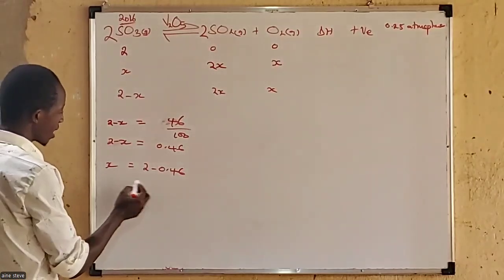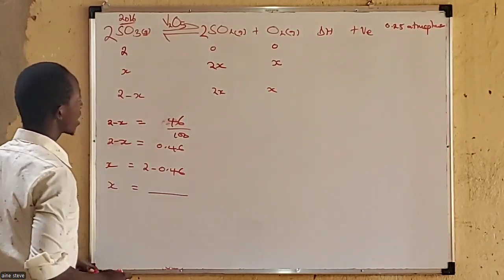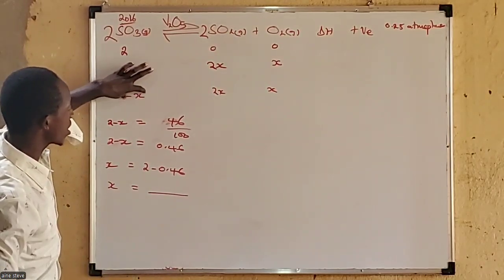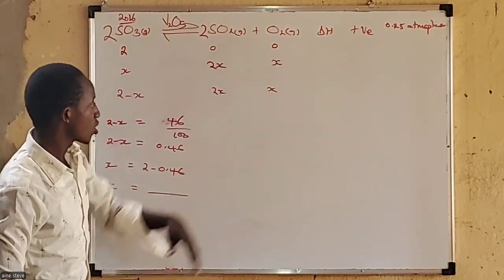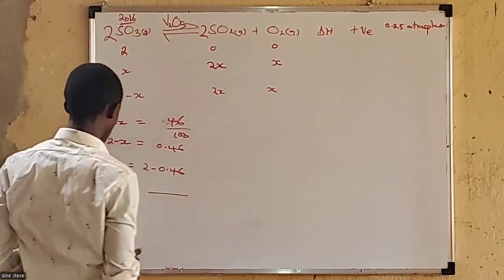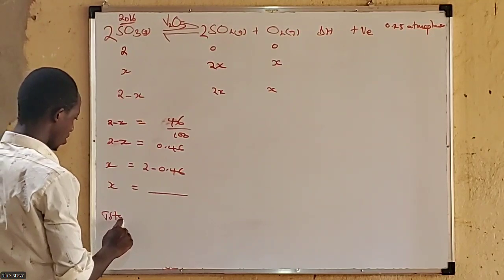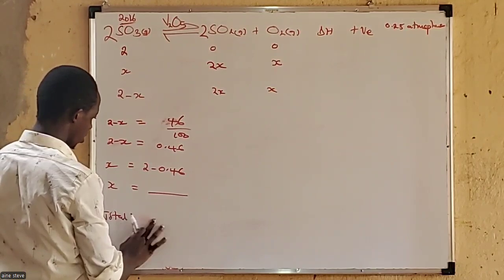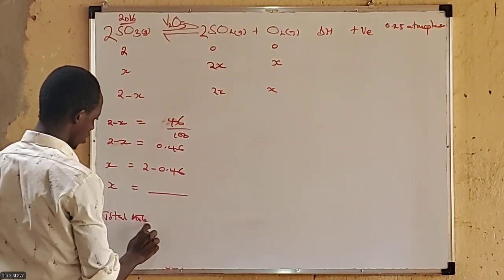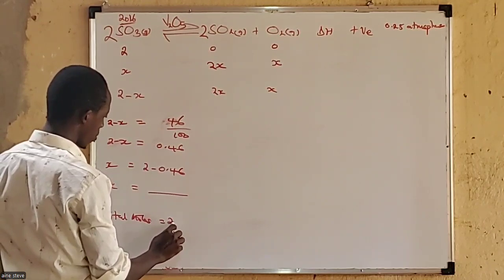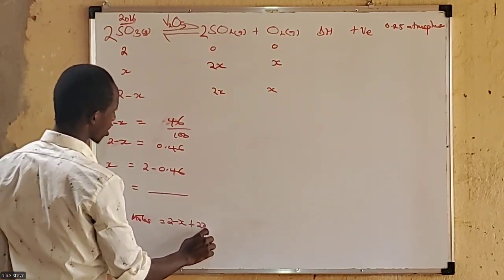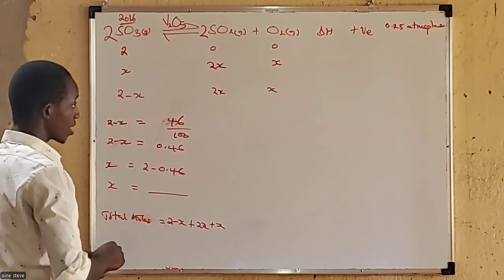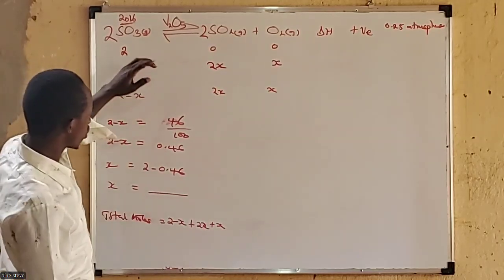So when you find this X, this will be the number of moles that reacted. So you get the number of moles at equilibrium. Okay? So after getting the number of moles at equilibrium, later on you get what we call the total moles. Total moles will be 2 minus X plus 2X plus X. Already when you get this, the next, because they want you to calculate Kp, you go ahead.